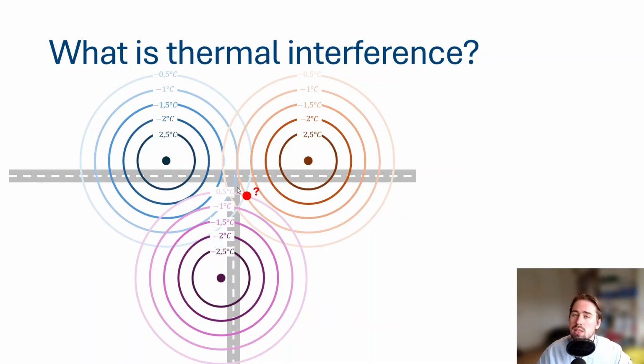So our project, in the middle of all these other projects, will experience a temperature drop of 0.5 degrees Celsius due to the pink, 0.5 degrees Celsius also due to the blue borehole, and 1 degree Celsius due to the orange one.